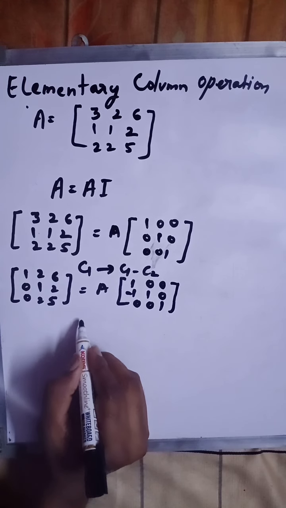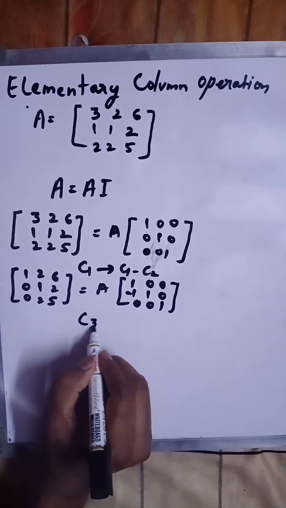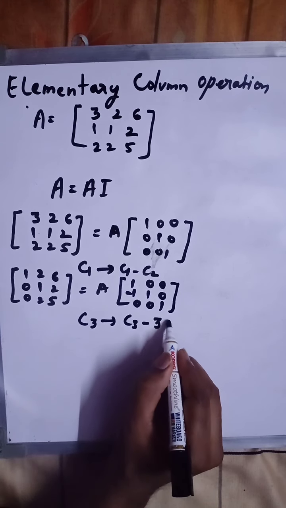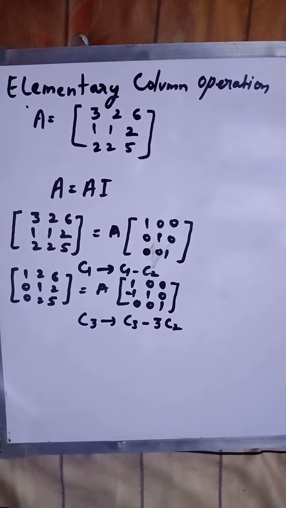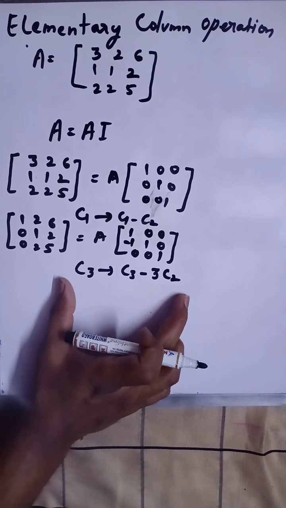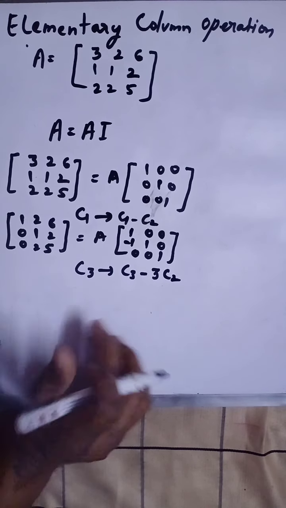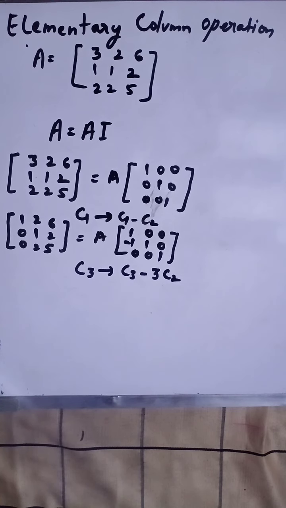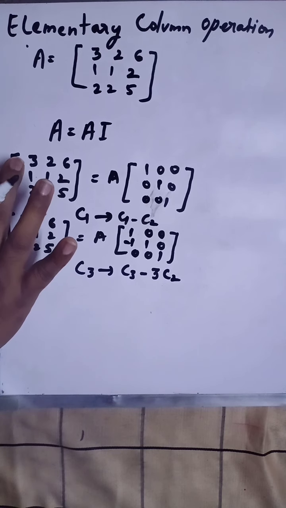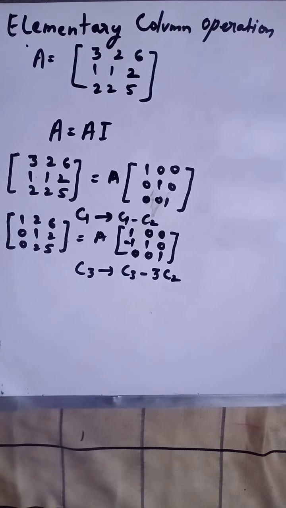So the operation we have to apply is C3 goes to C3 minus 3 times C2. This trick will come to your mind when you practice. Just remember that the first element must be 1, and the elements of the upper and lower triangle should be 0. This is the first point to concentrate on while solving by the elementary operation method.